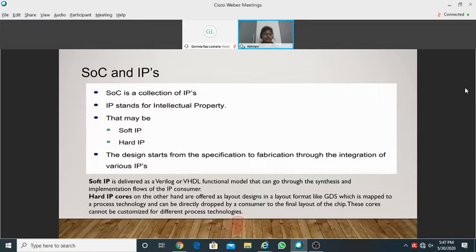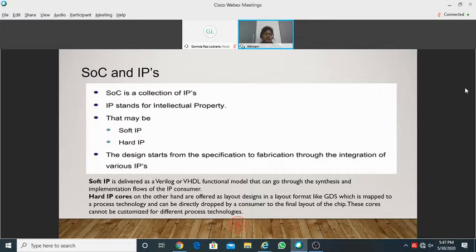So as you see, SOC is a system on chip, which is a collection of multiple IPs. And IPs, we can classify as either soft IP or hard IP.